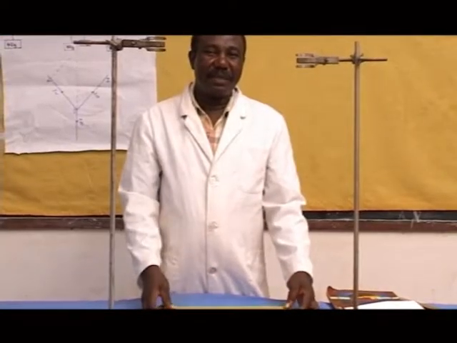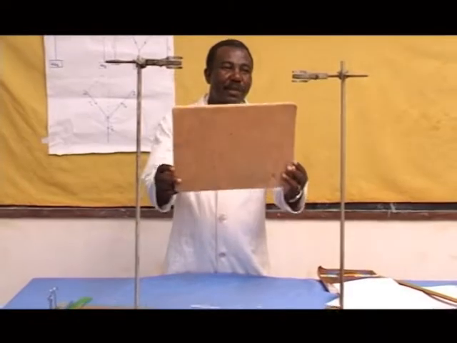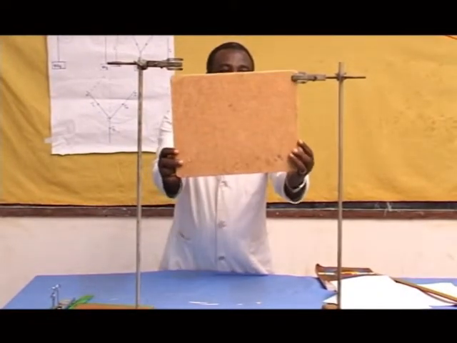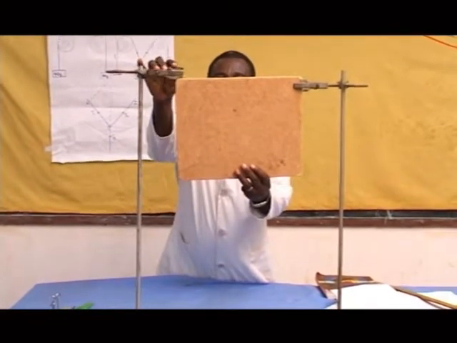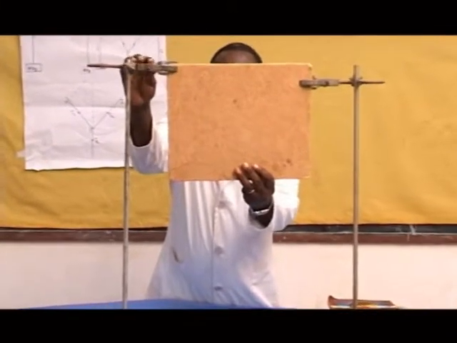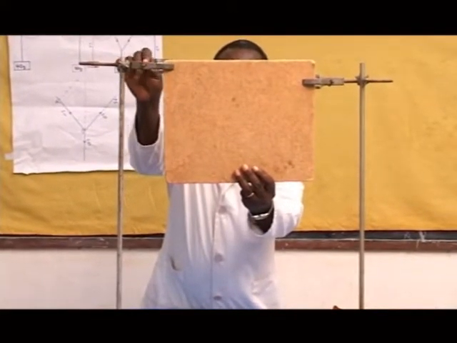Procedure: fix the drawing board vertically by using the 2 retort stands.